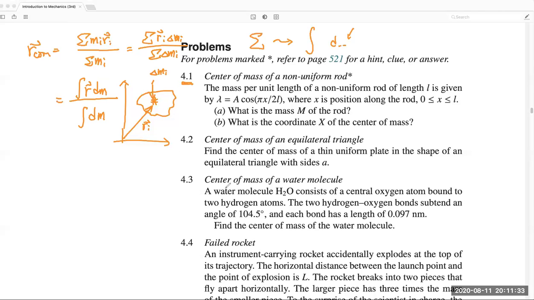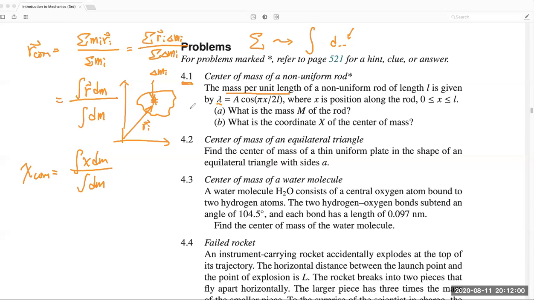4.1. 4.1 is just a rod. That means this is one dimension only. So then we can write down the formula, this one. They have given you the lambda, that is the mass per unit length.